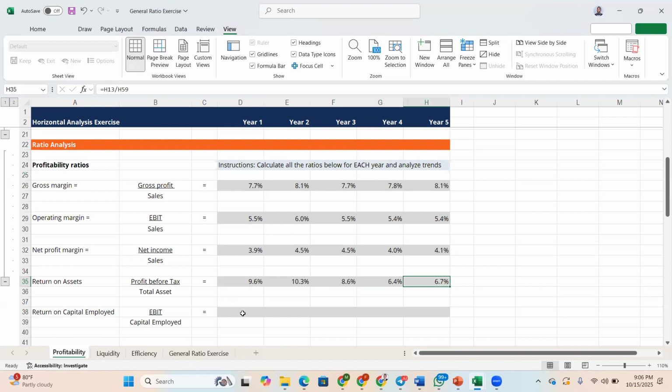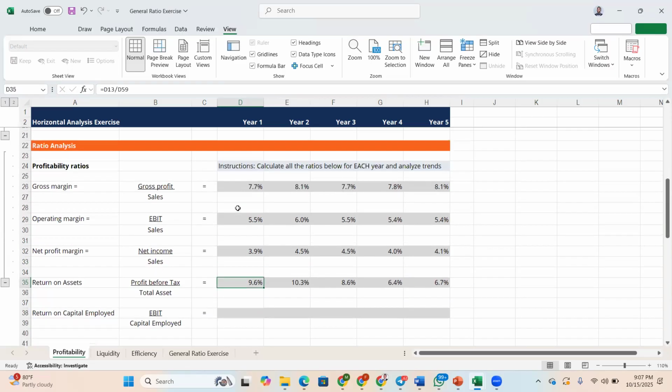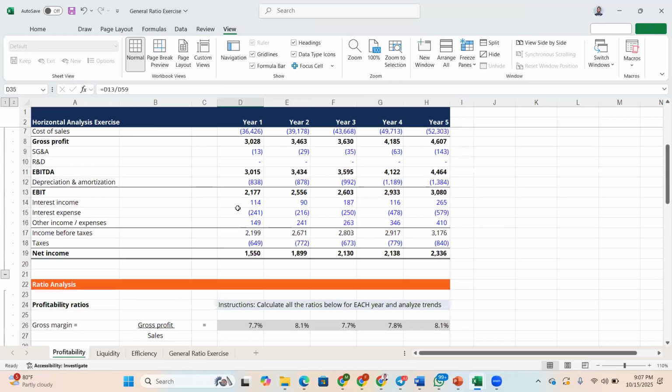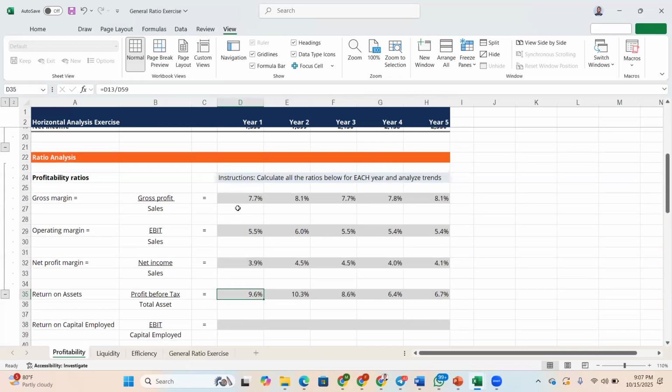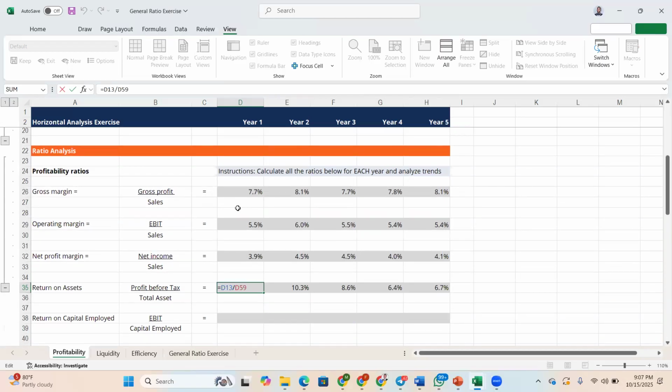We are good. So return on capital employed is earnings before interest and tax. Yeah, I think we used profit before tax, have we? Did we? Let me check. Okay, something was telling me that we made an error. So there's an error here.